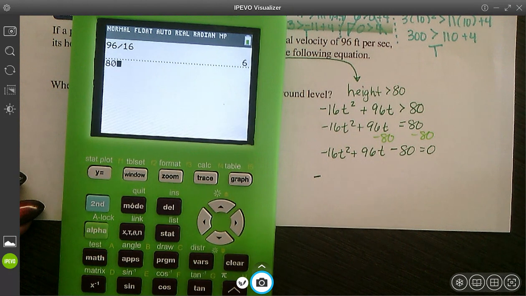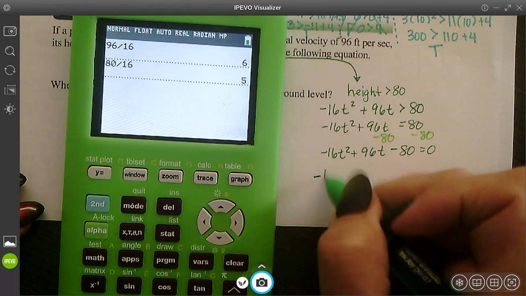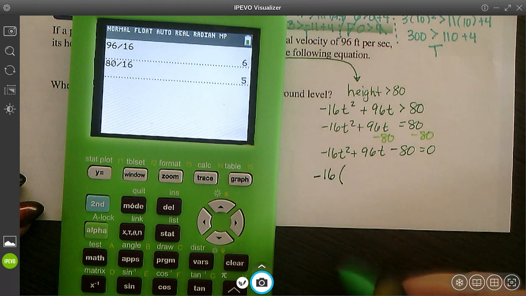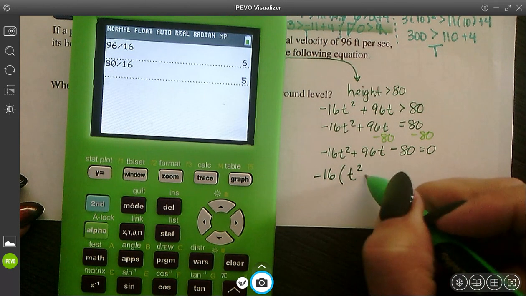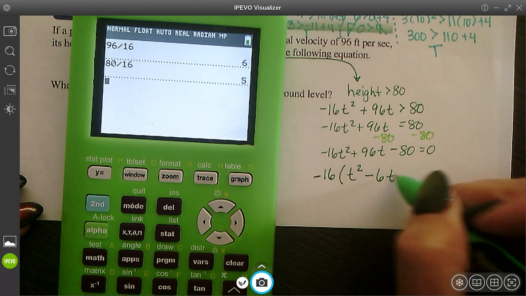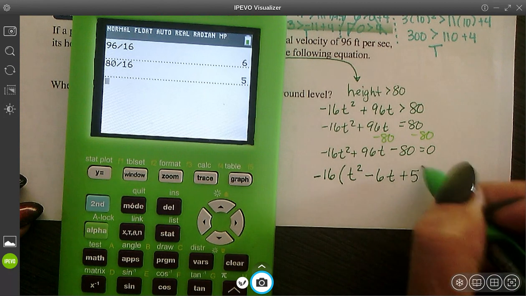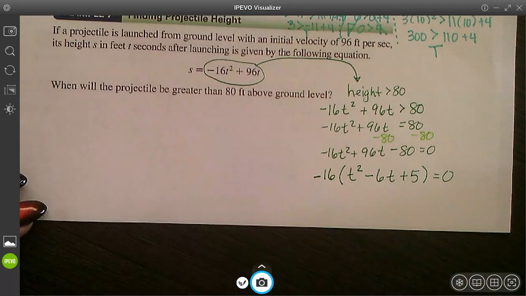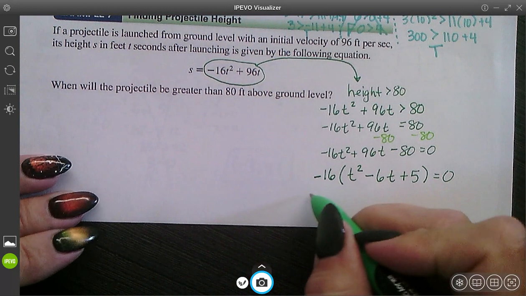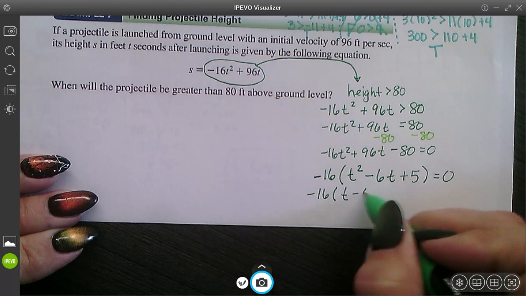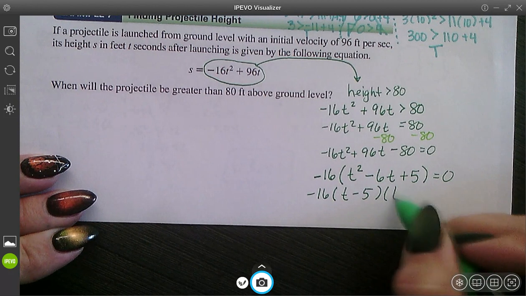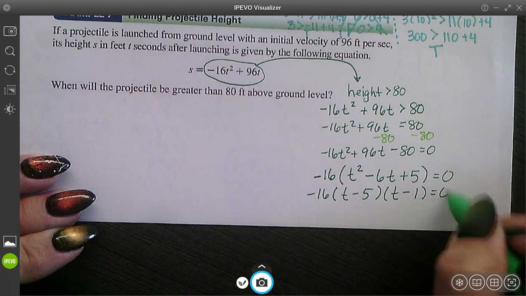Yes. Does 80 divide by 16? Also yes. So I'm going to factor out negative 16 as the GCF, which is going to leave me a positive t squared minus 6t plus 5 equals 0. When I factor that, that's going to give me t minus 5 times t minus 1.